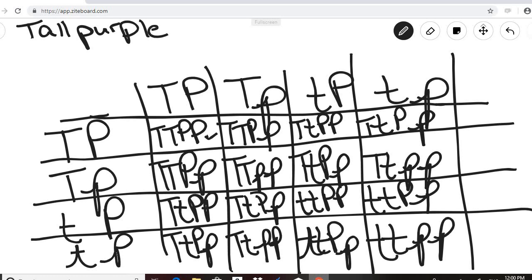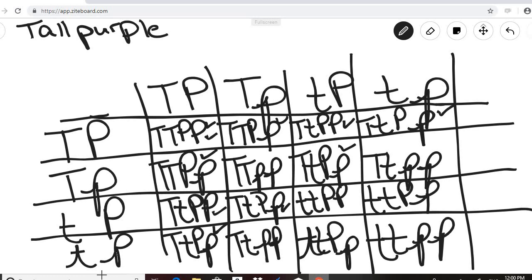Okay, so this would be tall and purple. This would be tall and purple. This would be tall and purple. Tall and purple. Tall purple. Tall and purple. Tall and purple. This is tall purple. Tall and purple. That's it.